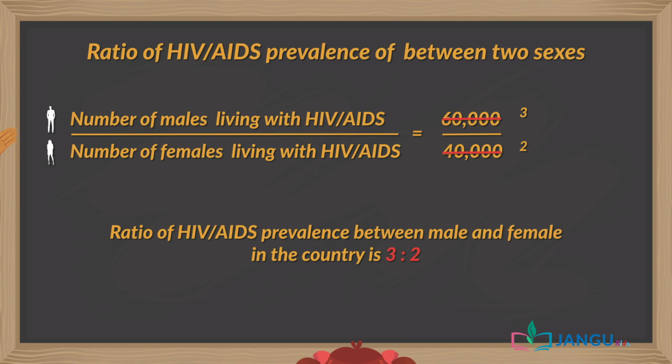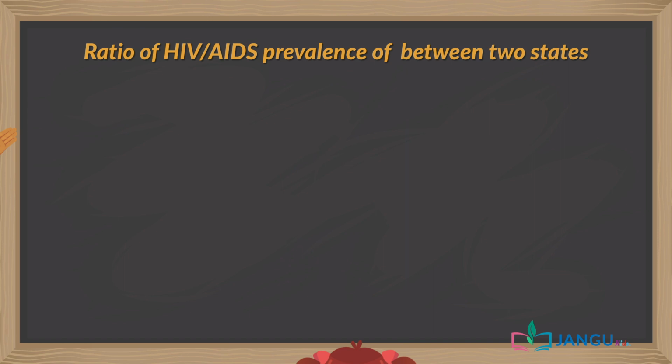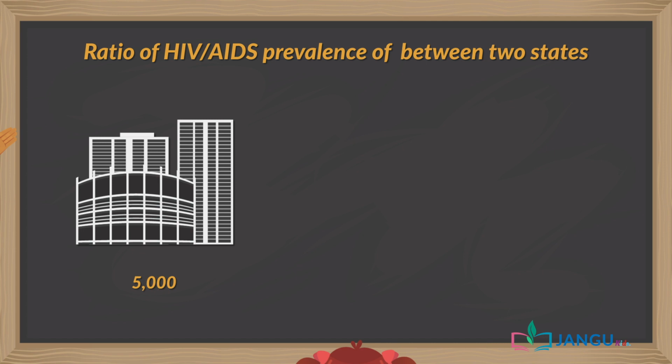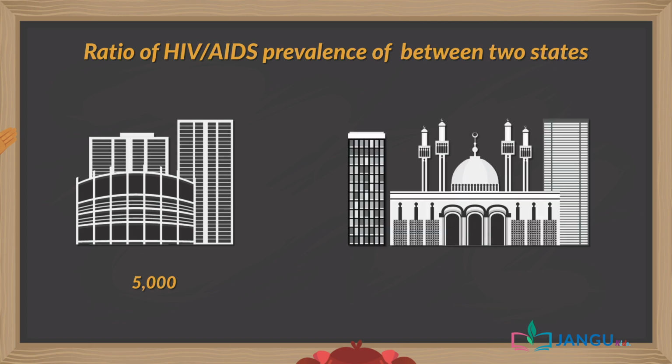The same method can also be used to find the ratio of HIV AIDS prevalence between two states. Assume that the population of people living with HIV AIDS in Lagos is 5,000 and the population of people living with HIV AIDS in Kano is 10,000.